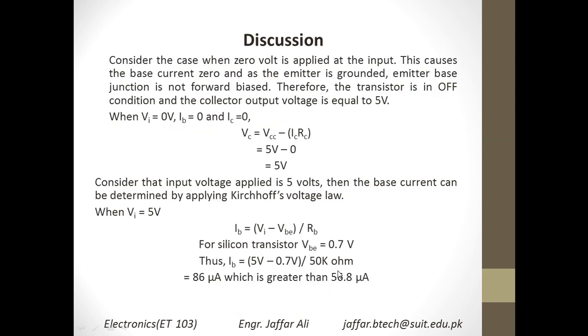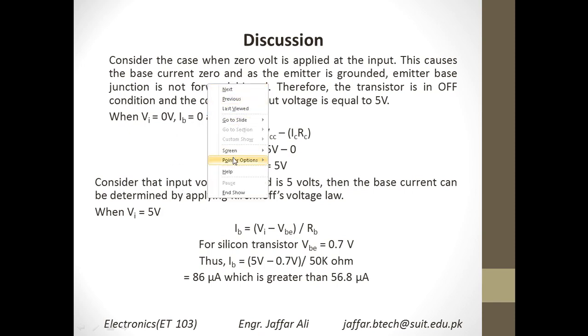So consider the case when 0 volt is applied at the input. Now let's have some further discussion. Let's say when you apply 0 volt as input, this causes base current equal to 0, as the emitter is grounded.